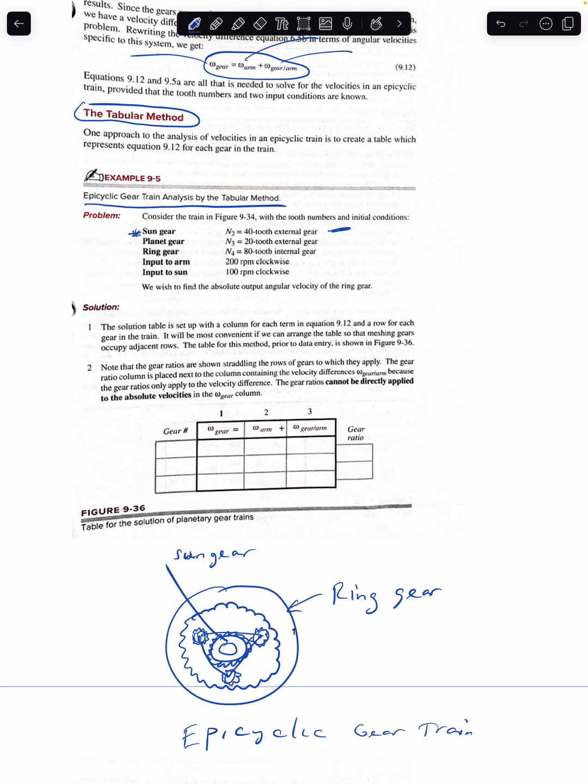And what else do we have? We have the planetary gear. This is what we call the planetary pinion.